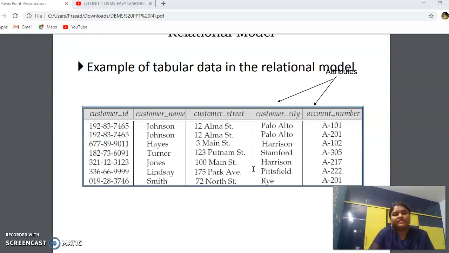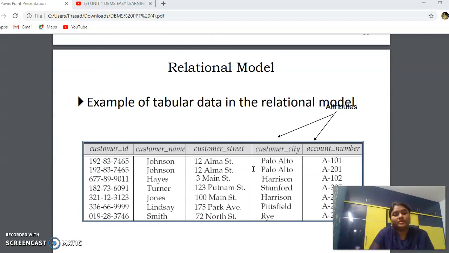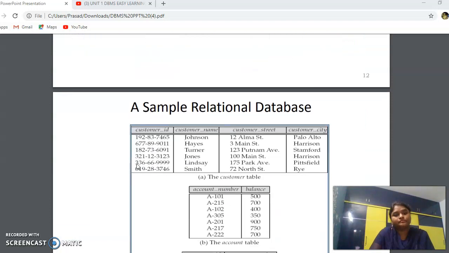Let us have a glance at the relational model, because again we will be learning about it briefly. As I said, the relational model maintains tables, and data is stored in the form of tables, right? Here is an example of a customer table, where customer ID, customer name, customer street, customer city, all the information pertaining to the customer is stored in the form of a table.